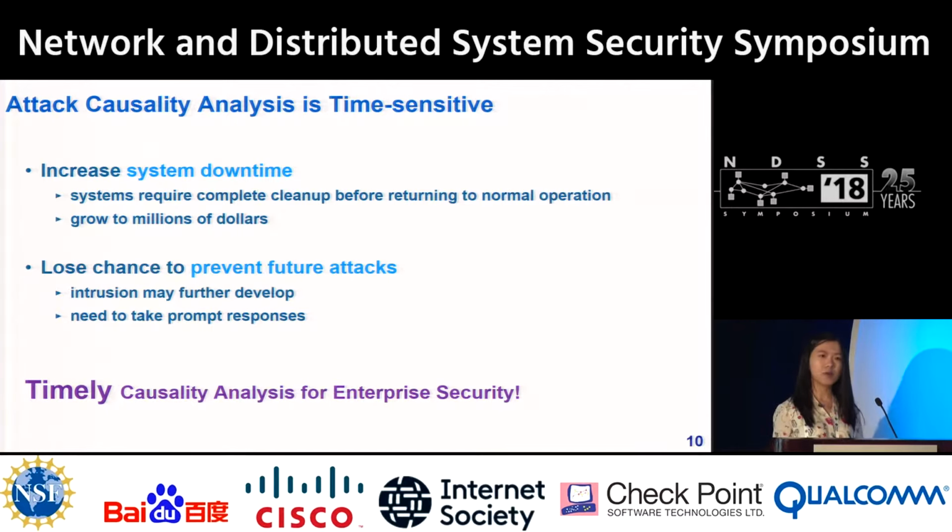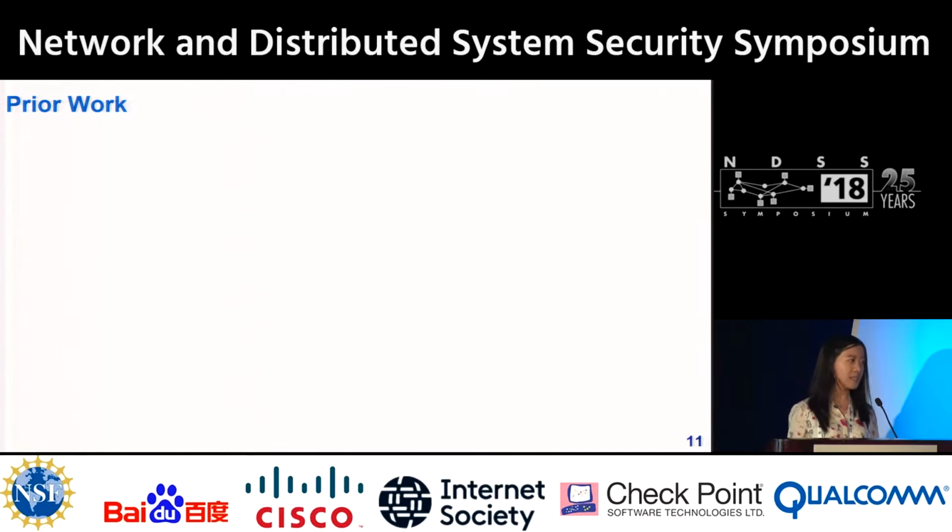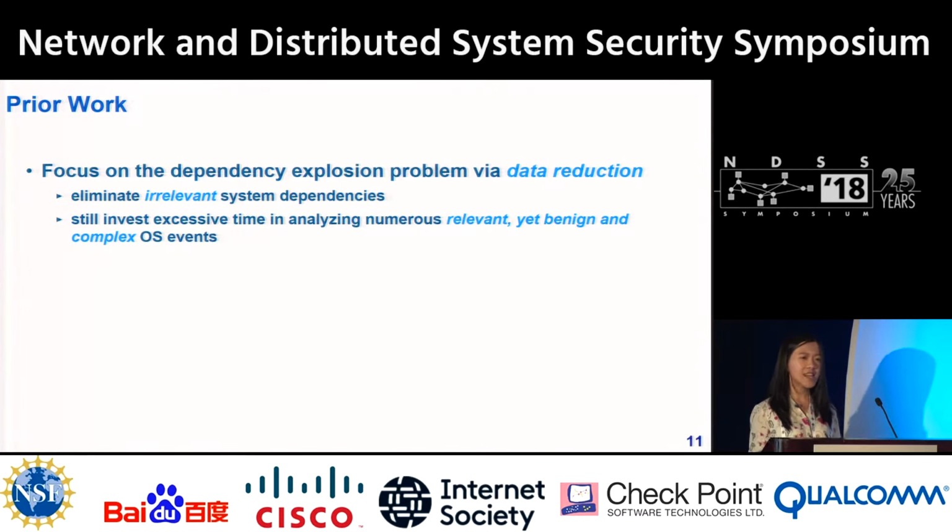So all of this motivates the study of timely causality analysis. However, the time aspect has been largely overlooked by previous works. They mainly focus on addressing the graph explosion problem using data reduction. So they eliminate irrelevant events.